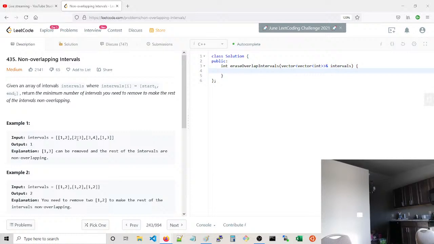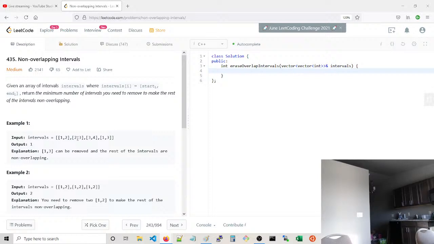now the question is, do they all overlap with each other, or do they just overlap one with another and another with another? If they all overlap each other, right, overlapping is an undirected edge, an undirected graph. So actually, you could probably translate this into a graph problem as well.